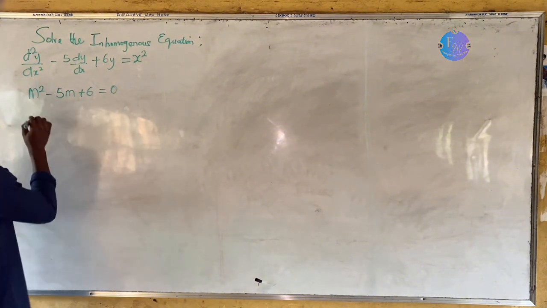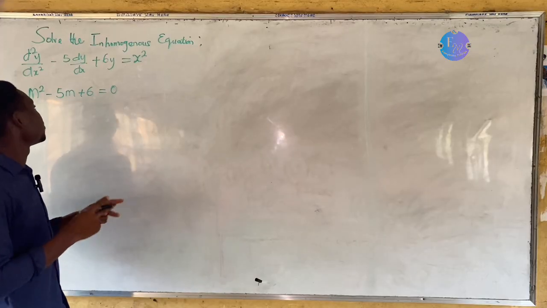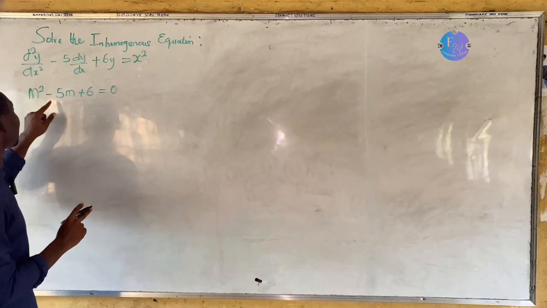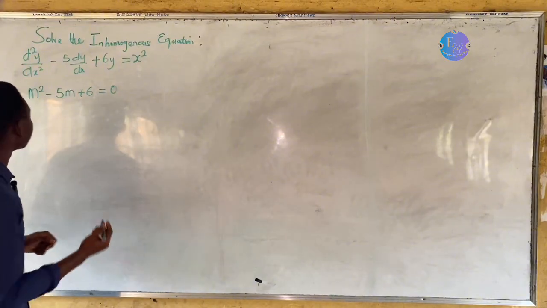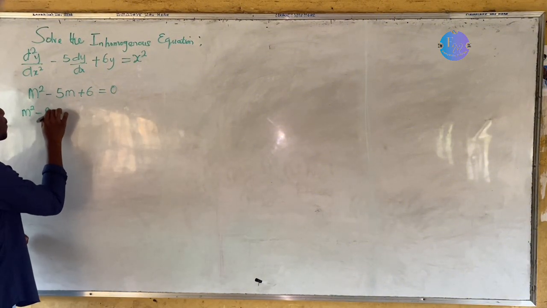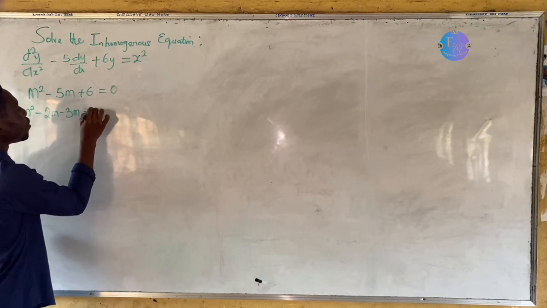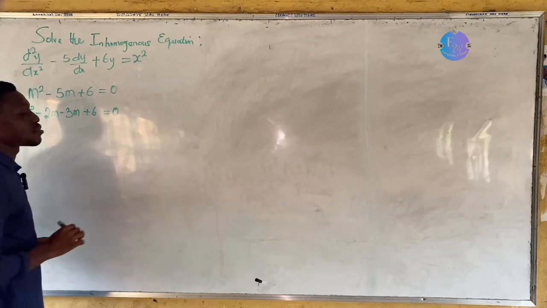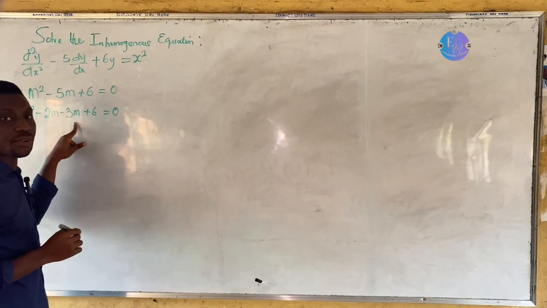We have the two numbers that multiply to give us 6 and add to give us minus 5. That's minus 2 and minus 3. So we have m squared minus 2m minus 3m plus 6 equal to 0.